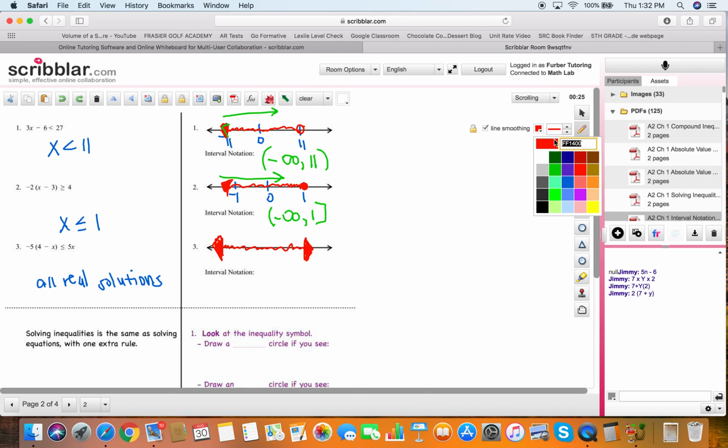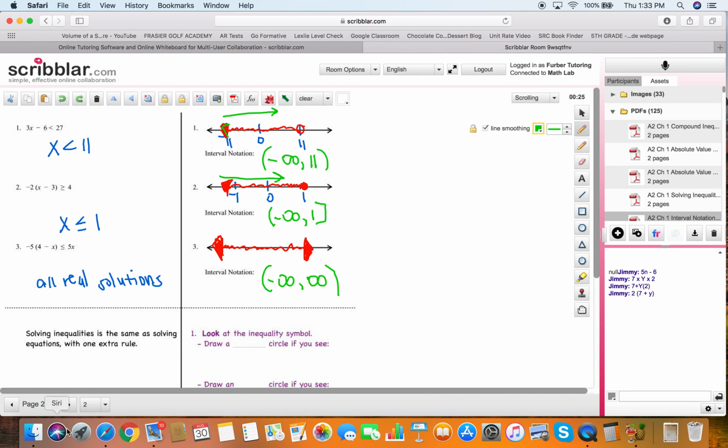If everything solves this, then it's going to go from -infinity all the way to +infinity, and those will be inside parentheses. There won't be a number because it never stops. It goes in both directions forever. Okay, so that's the page that gave us the solving inequalities.